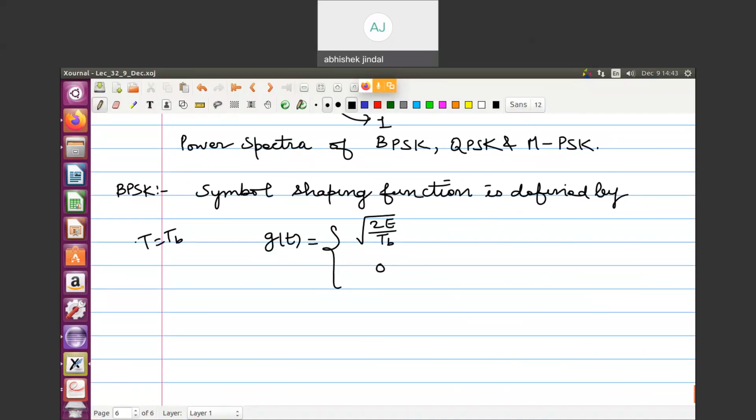The symbol interval is the same as the bit interval, and hence this is defined for TB, and zero otherwise. So this is like a rect pulse, a rectangular function with TB duration.